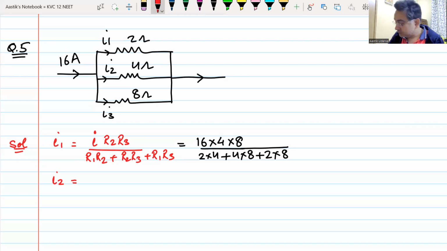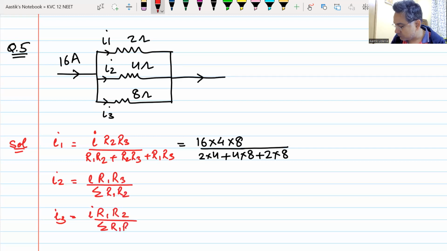I into R1 into R3 upon the summation of R1 R2 pairs. What will be the value of I3? I into R2 R1 by the same summation.